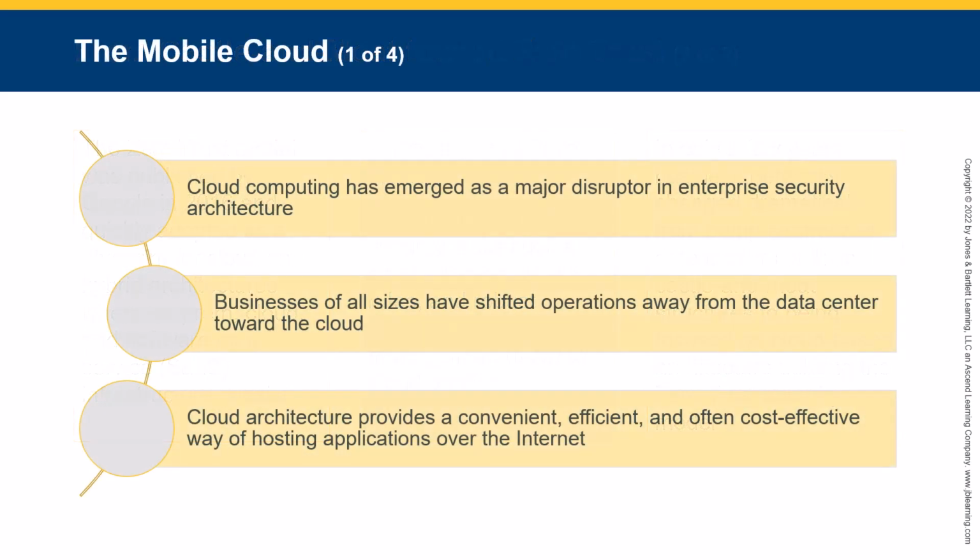Cloud computing, again, has been a major disruptor in enterprise security architecture and design, as well as how workers do their job. Businesses, regardless of size, have had to shift to operate away from the traditional data center centralized mode to more of a cloud.